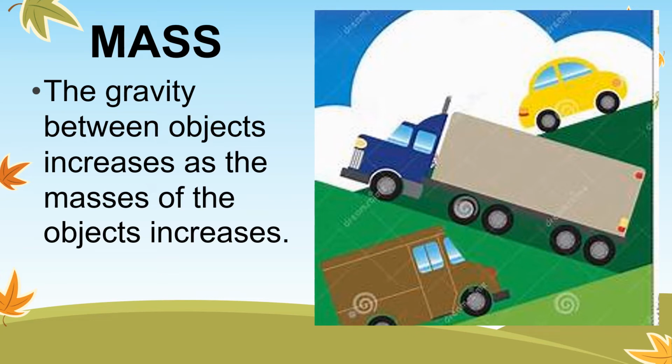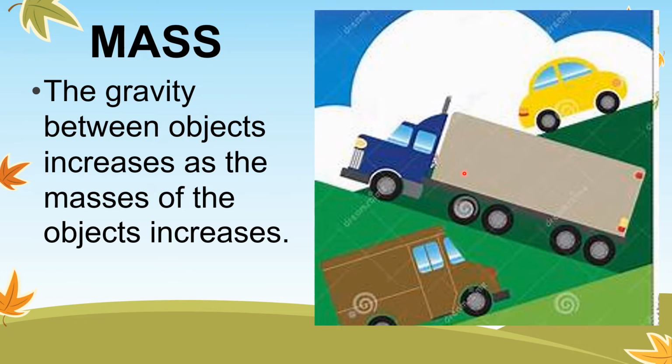Look at this picture once again. Among these three vehicles, which has the greatest mass? It's the truck, right? It's the truck. Therefore, the greater force of gravity is being applied.